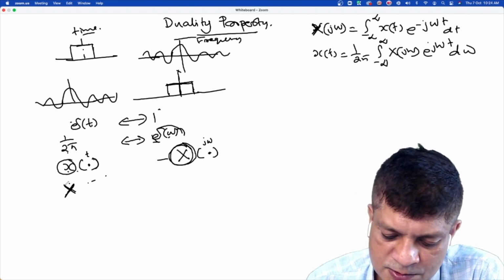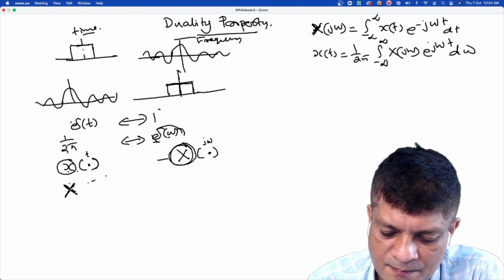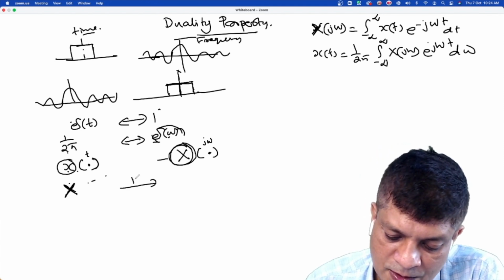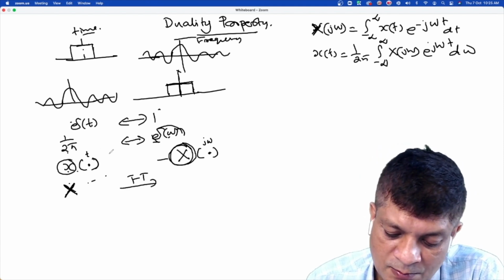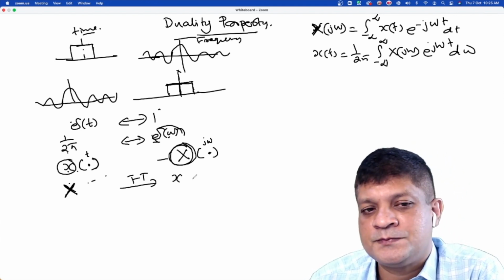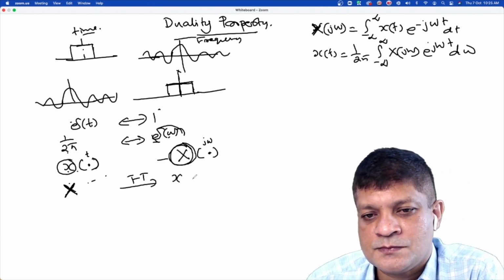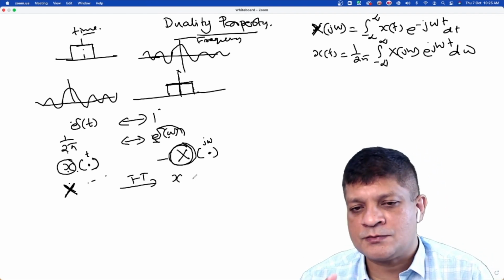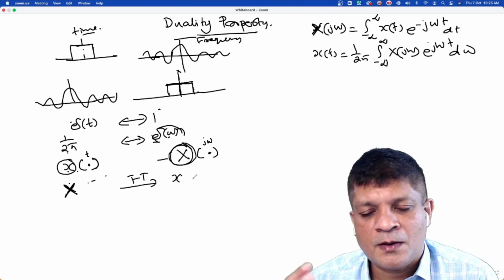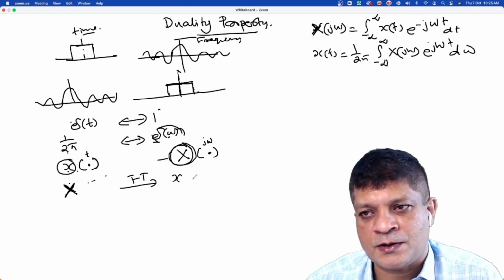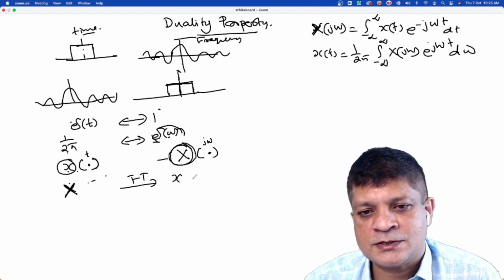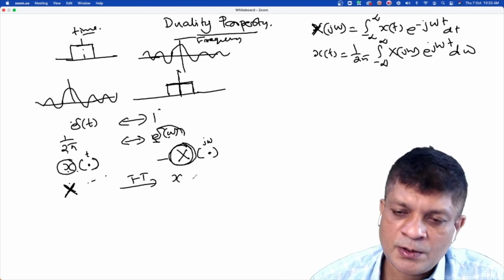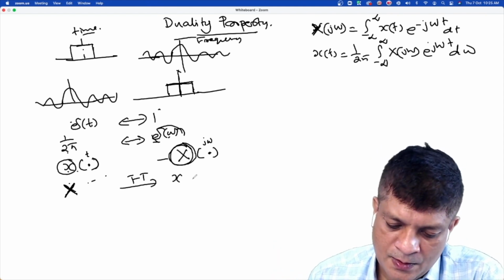Suppose we have a signal having this shape in the time domain, then what about its Fourier transform? Is it somehow related to this function? That is the duality property. So think of this Fourier transform pair as a mapping from one function to another function. Small x is one function and capital X is another function.